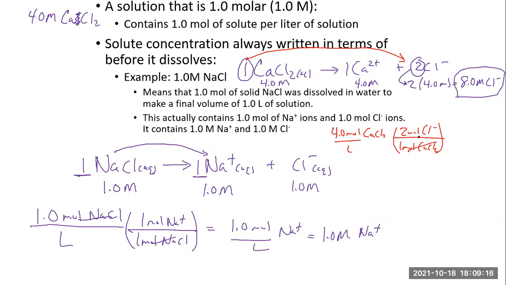Moles of the whole thing cancel. Again, this is why we're basically multiplying by 2. 2 times 4 gives us 8 moles per liter of chloride ions. So that's the long version. The short way of doing it is to just take the coefficients and multiply by this number, and that will give you the concentration of each of the ions that are present. Any questions on that?